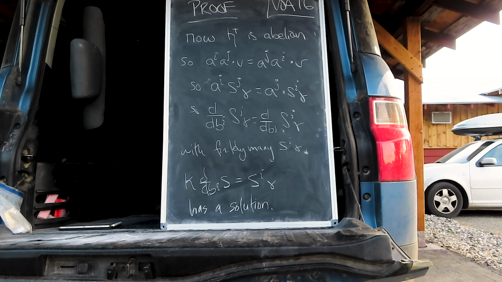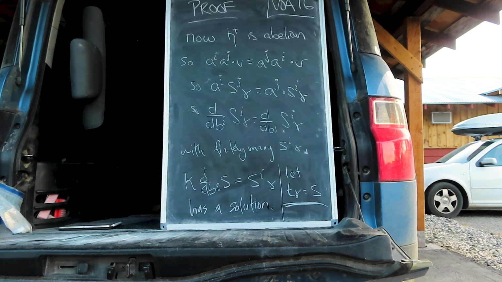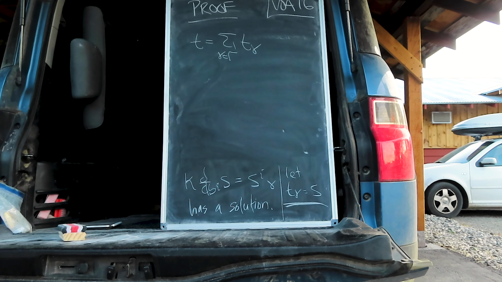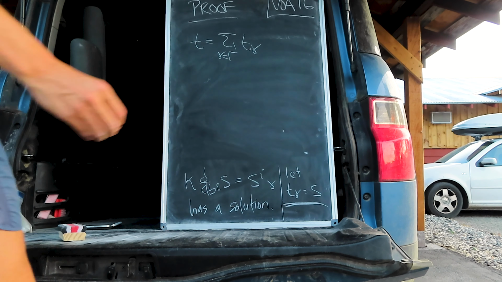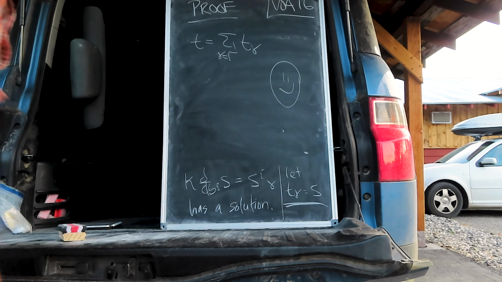Thus, for each of the finite number of S sub i gammas, we have a simple inhomogeneous linear partial differential equation, dS over db_i equals S sub i gamma, which, of course, has a set of solutions. Call those solutions T sub gamma. Therefore, T, the T we are interested in, equals the sum of those T sub gammas, and we're done.